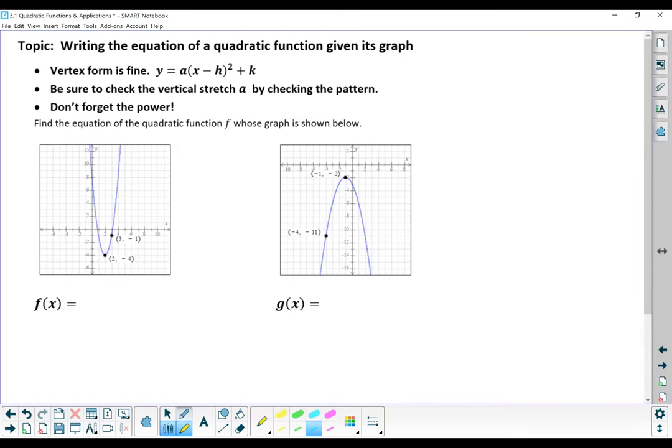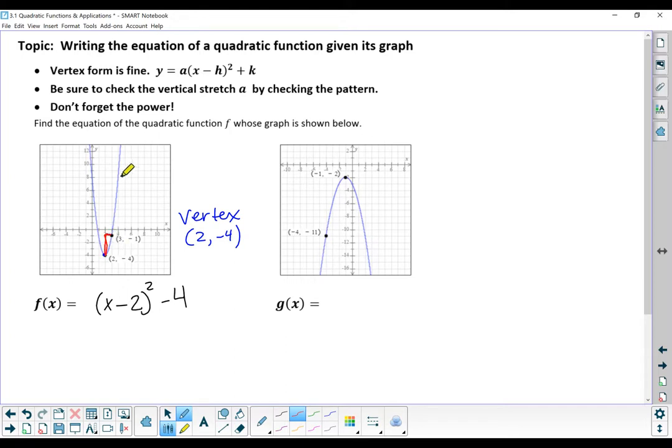So first identify the vertex of the function. So this one has the vertex at +2, -4. So in the function, that shows up as a(x - 2) squared minus 4. And then we want to get our stretch. So I'm going to count off the pattern here.